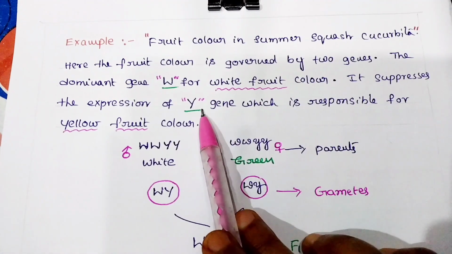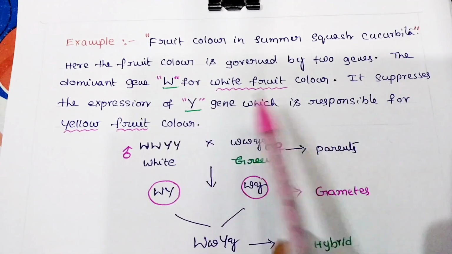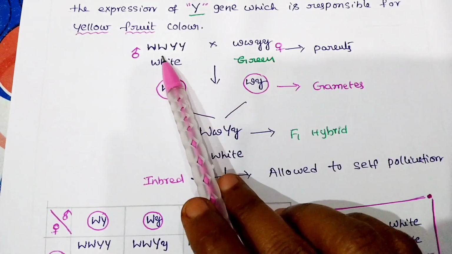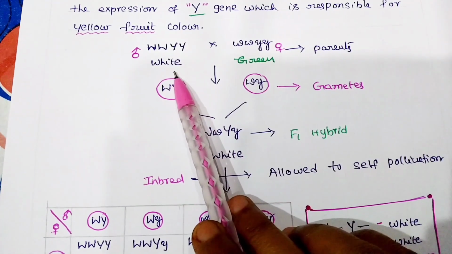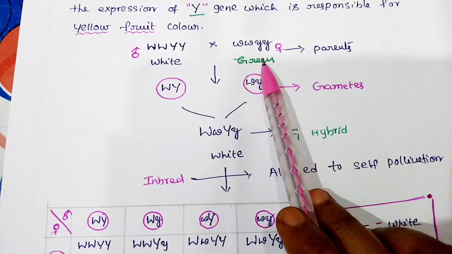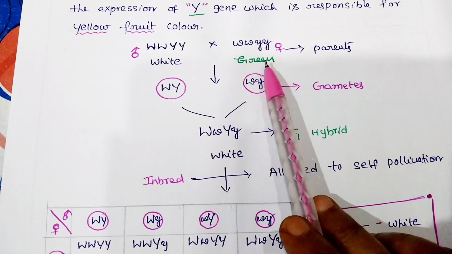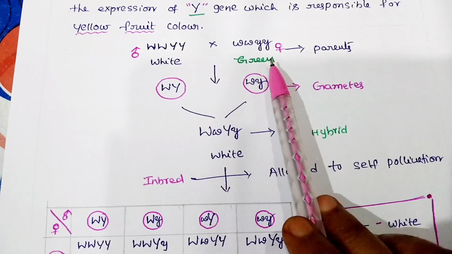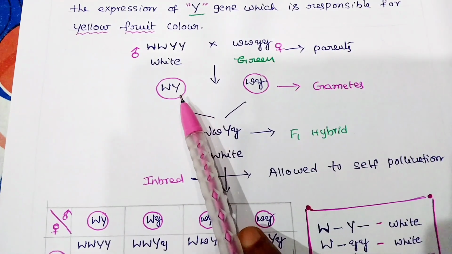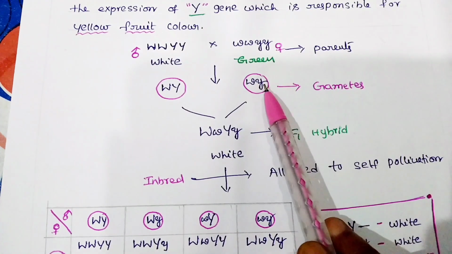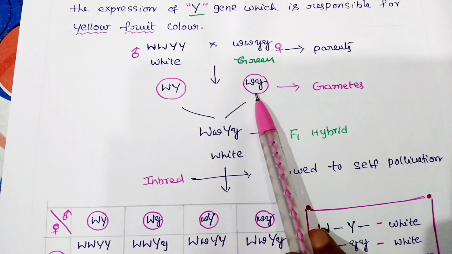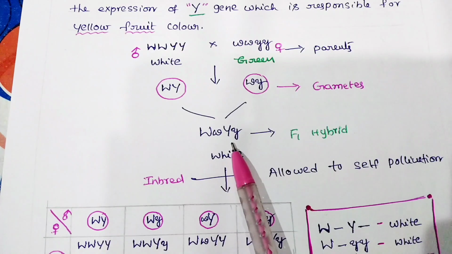Let's see the example in detail. Look at the cross. When a pure breed white fruit plant is crossed with a true breed green fruit plant, the male will give a capital W capital Y gamete, and the female will give a small w small y gamete. When they fuse together, they result in the F1 individual.